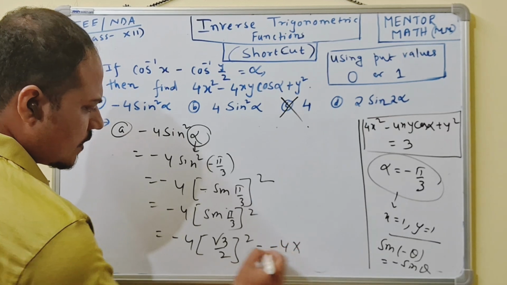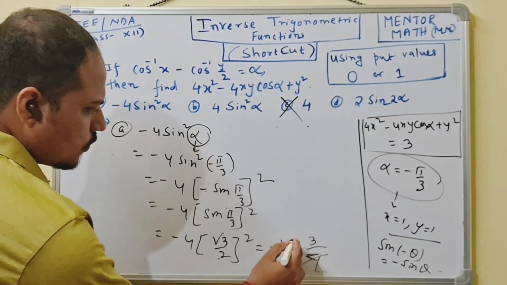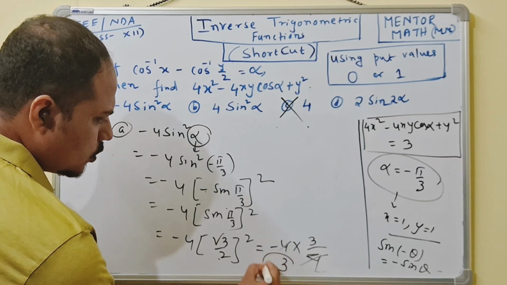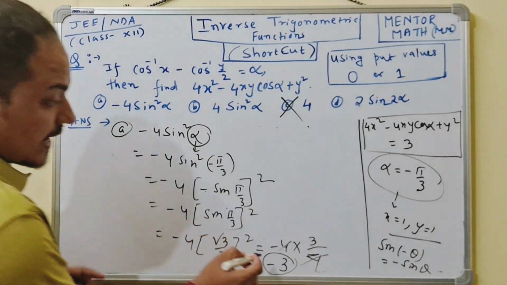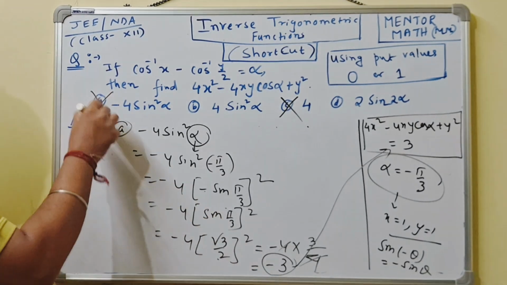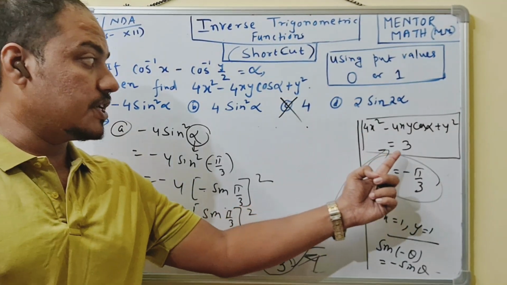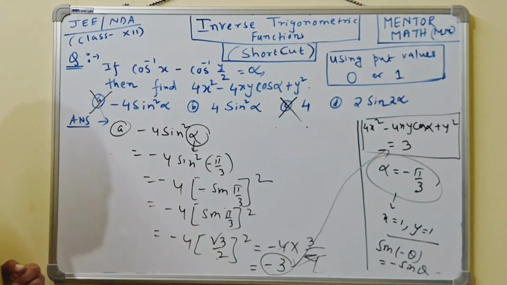That means you got √3 squared is 3 and 2 squared is 4. So the 4 cancels, you got the value −3. But the expression gives 3. So that means this option is wrong, because that option gives −3 but our expression gives 3.